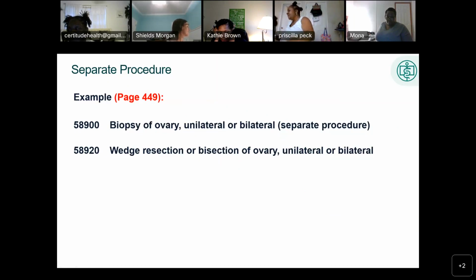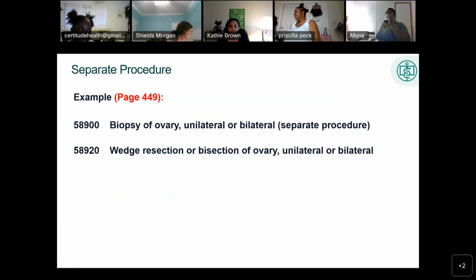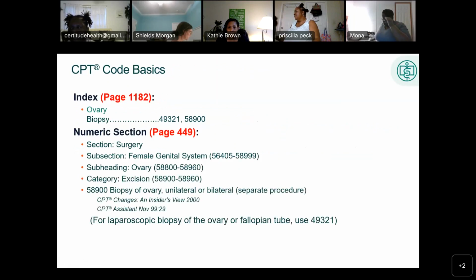So you can't use both of those codes, right? No, you can't use both. You can use one or the other. The index just tells you where you can go. Right. But you have to decipher which one is right. Yes, I got you.